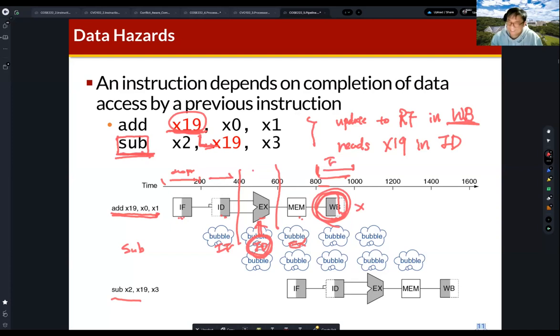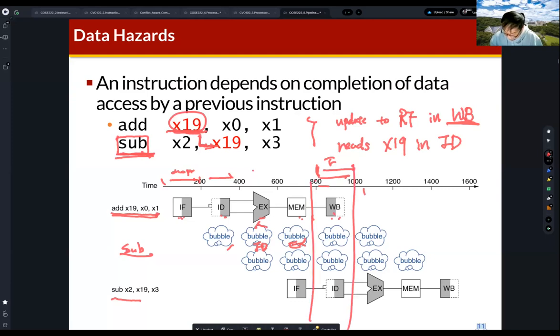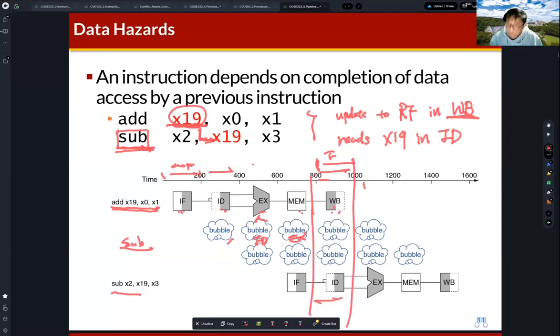So the sub instruction cannot read the future data. Okay. Do you understand? So until the data is updated in the write back stage, the sub instruction cannot read the data from the register file.